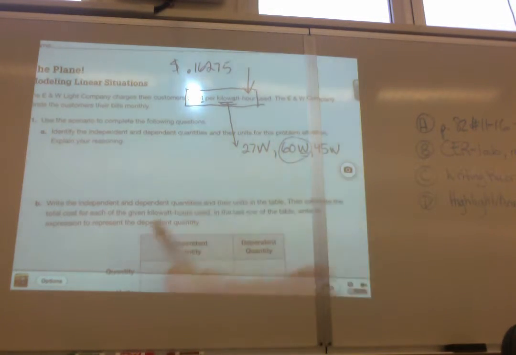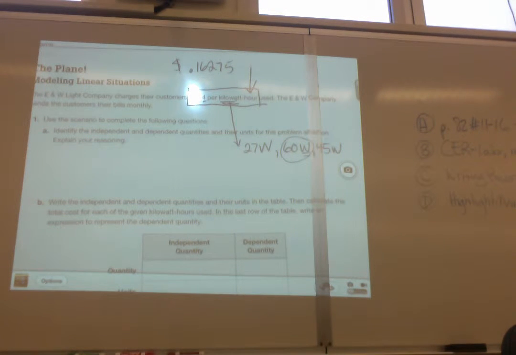So here we go. Identify the independent and dependent quantities and their units in this problem situation. So, somebody's getting charged, right? What are they getting charged for? Electricity used. And what are they getting charged in?